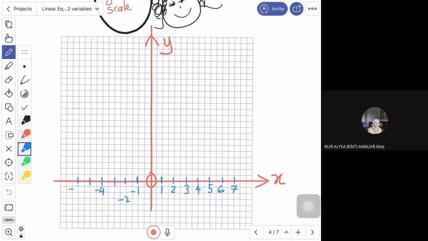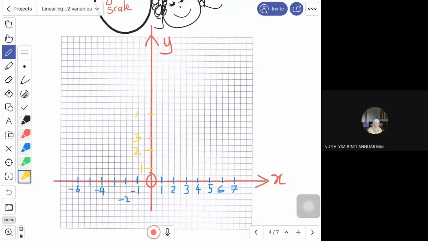Now I'm going to show you the mistake that students always make. Let's say she wants to start with 1. 1, then here 2, 3, 4. Okay, that is wrong. The yellow one is the wrong way of labeling the axis.